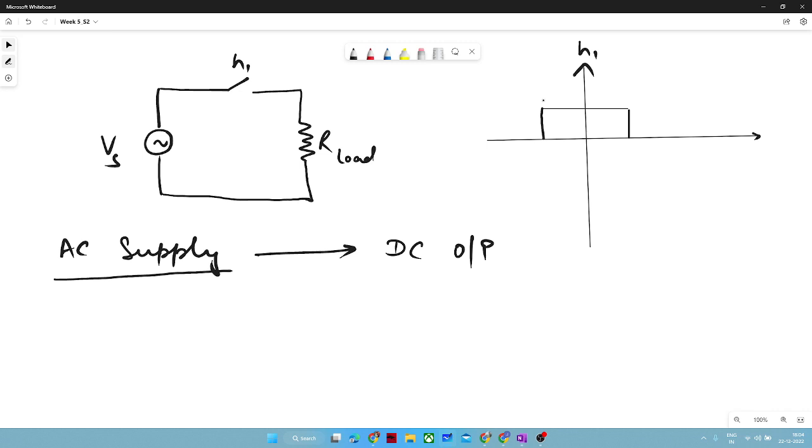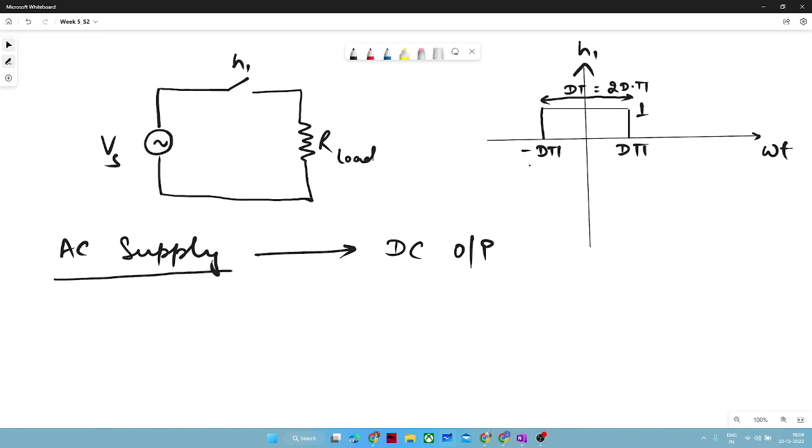So we assume this duration to be dT, and T is generally 2 pi, so 2d into pi, right? And if I write the instant of time in angular terms, let me take omega t. So it will vary from minus d pi to d pi, and its magnitude will be 1 for simplicity's sake. And if we multiply directly with Vs, it will be Vs for this period, right?